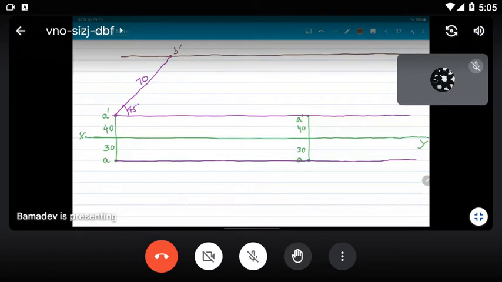So come to this side, draw an angle 30 degree. Here to here it is 70, right? Say this is B and draw a straight line through it.